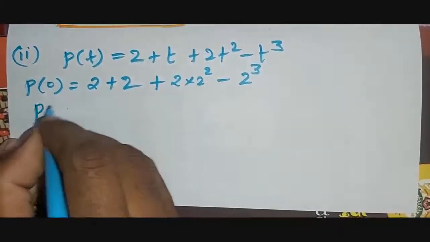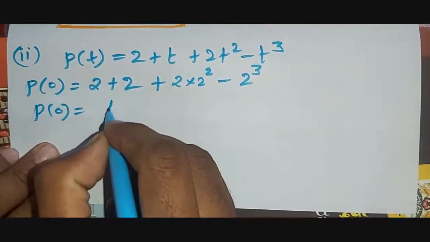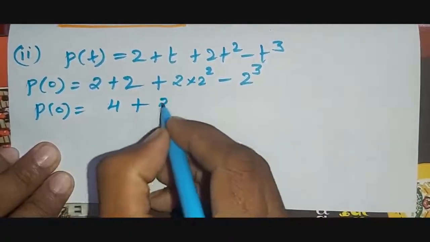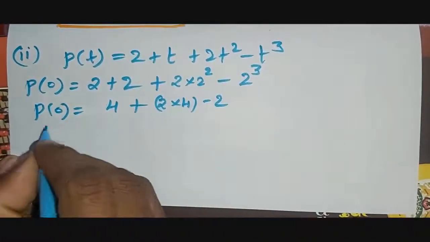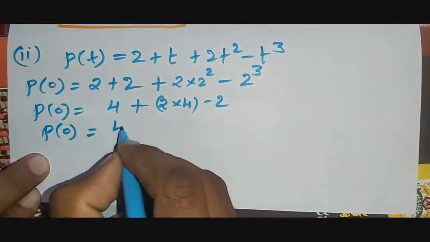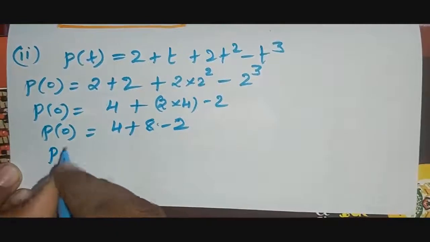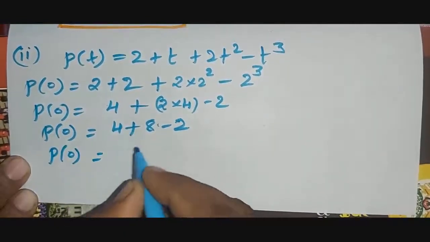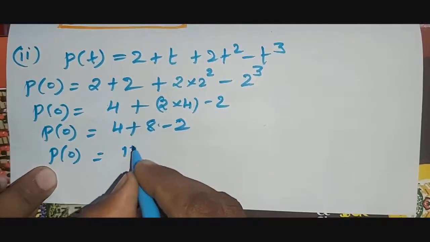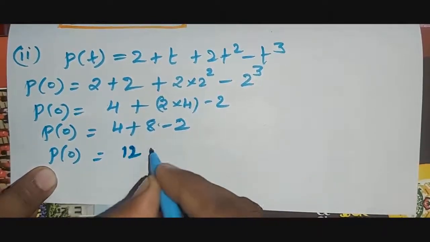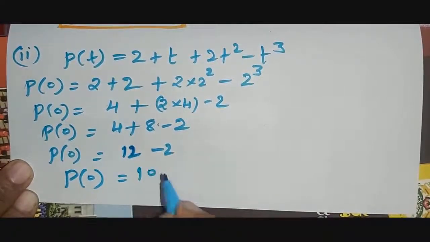Okay, P of 0 is equal to 2 plus 2 into 2 square is 4 minus 2. P of 0 is equal to 4 plus 2 fours are 8 minus 2. 4 plus 8 is 12. Okay, 12 minus 2. Therefore, P of 0 is equal to 12 minus 2, which is equal to 10.